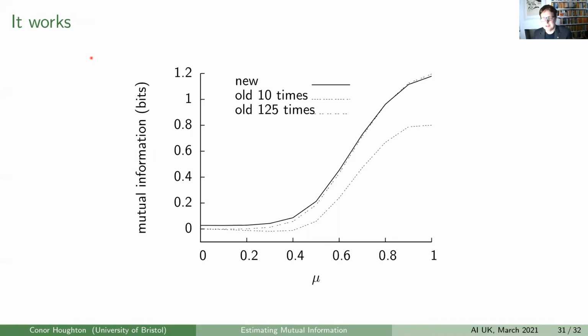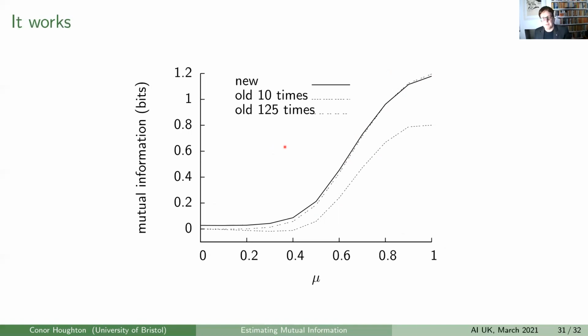Here's a quick example. This formula works. Anytime we've tested it on different sorts of data, it seems to be a good estimator, and I recommend that you try using it. Here there's X and Y, and there's some parameter mu which determines the mutual information between them. So each value of mu corresponds to a different data set, and the black line is the estimate of the mutual information using this new estimator.